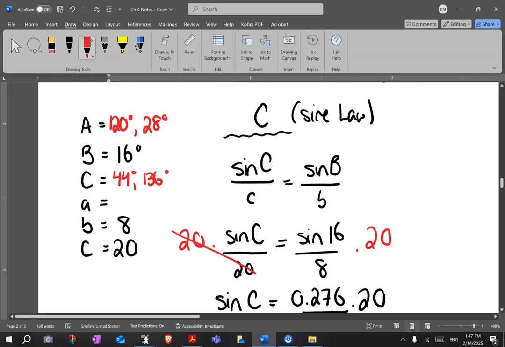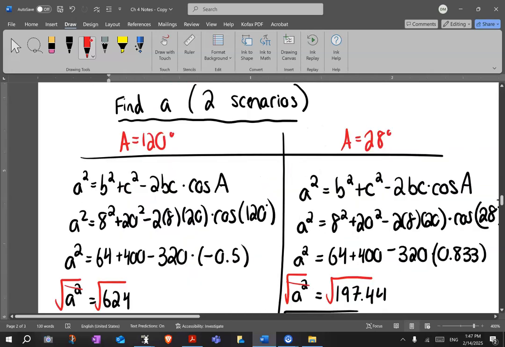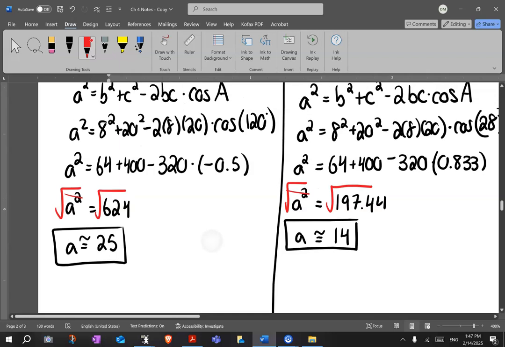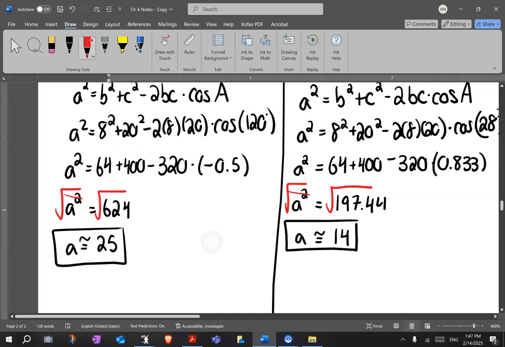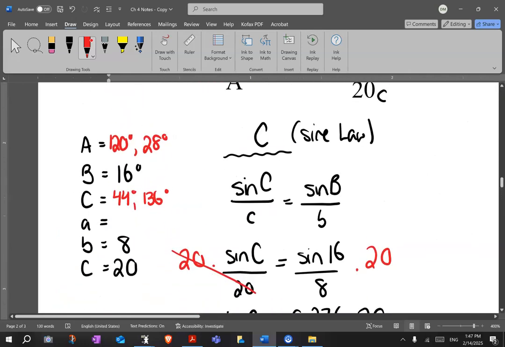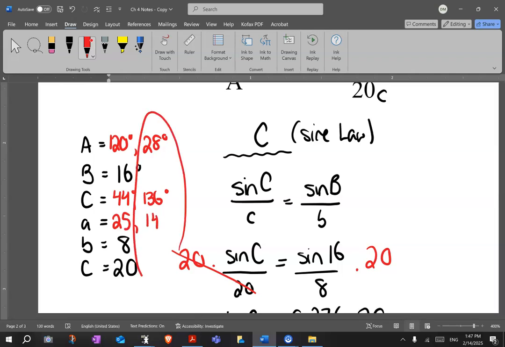Now, when I used 120 down below here, what did I get? I got 25. So if I used 120, I got 25 rounded, and when I used 28, I ended up getting a side of 14. So this pathway is one option. This pathway is another option.